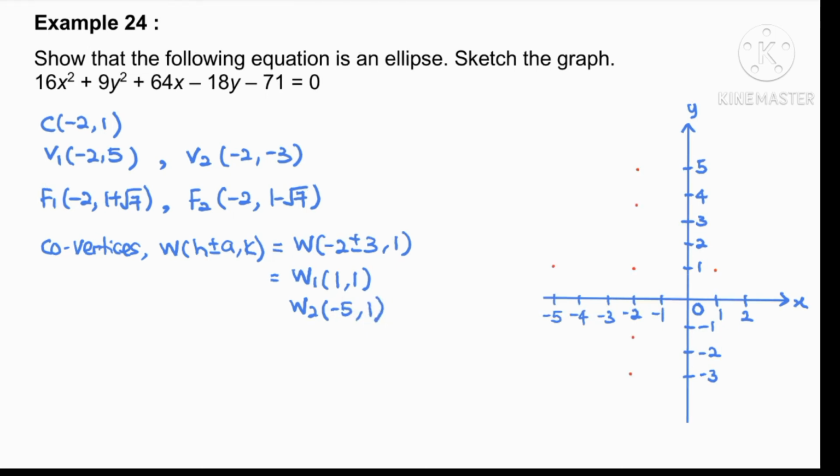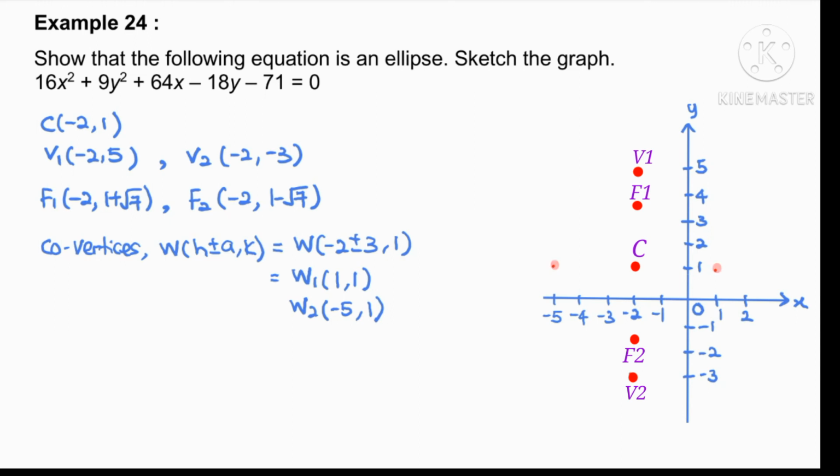Now, let us start to sketch the ellipse. The graph will begin at the center, (-2, 1), labeled with C. These are the coordinates of the two foci of the ellipse, labeled F1 and F2. Here are the coordinates of the two vertices of the ellipse, labeled V1 and V2.